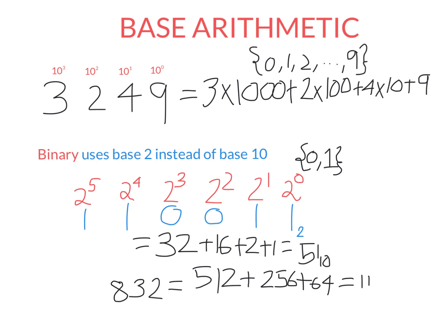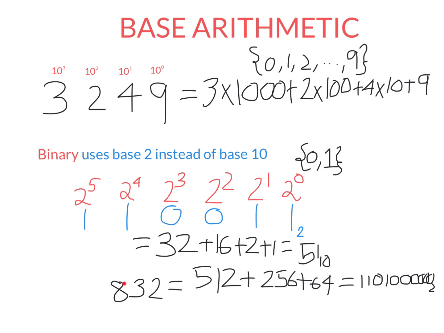The next column's 128. I didn't have any of those. I had a 64, no 32s, no 16s, no 8s, no 4s, no 2s, and no 1s. So this is the number in binary, 1101000000.